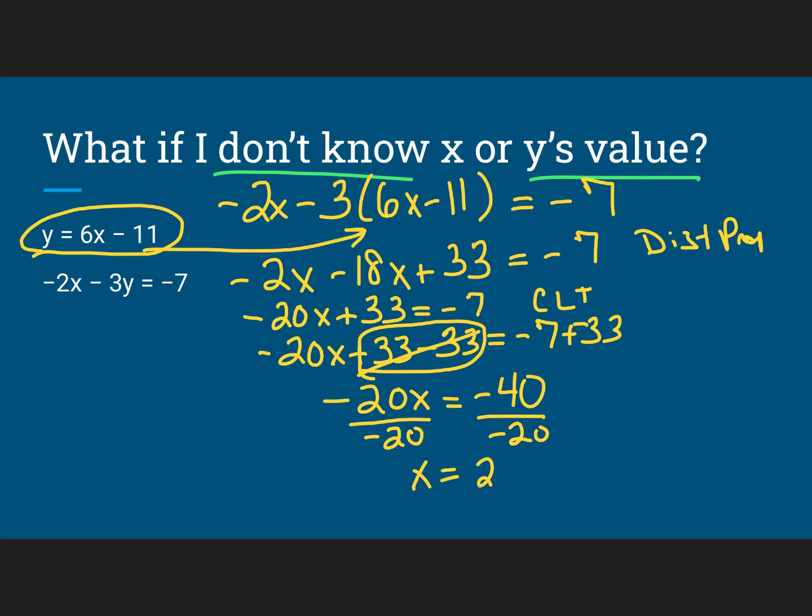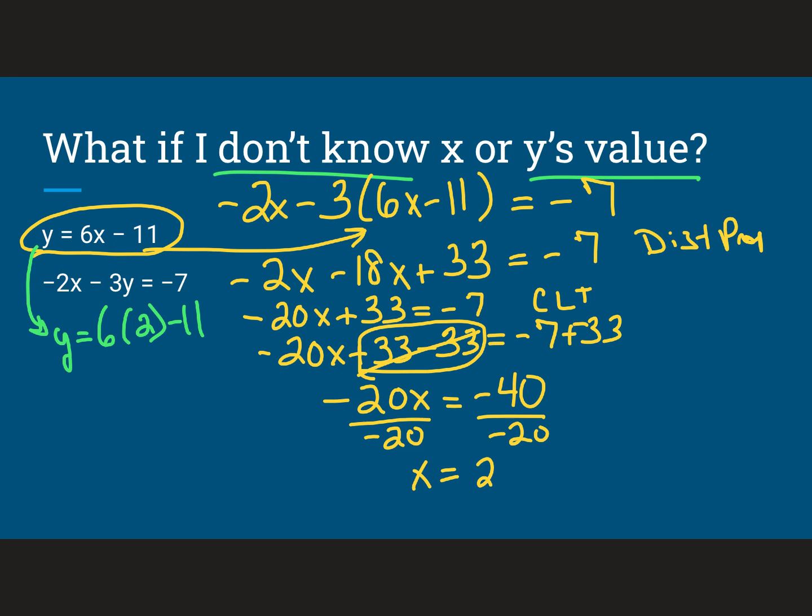Okay, well, the only problem is I still don't know what y is. So now to find y, I need to do a second step. I need to take this equation, and I'm going to take the value I have for x and put it in. So I have y equals 6 times, in this case we know it's 2, minus 11.